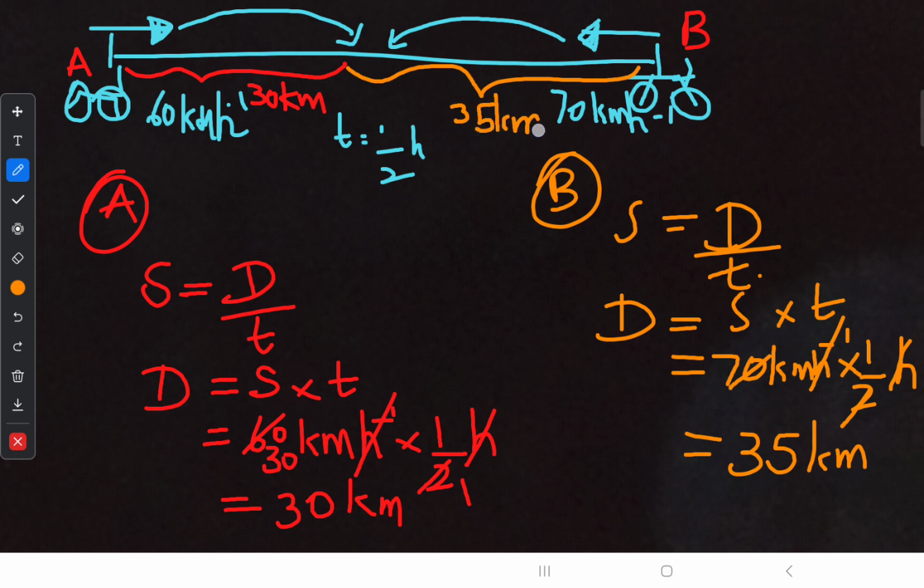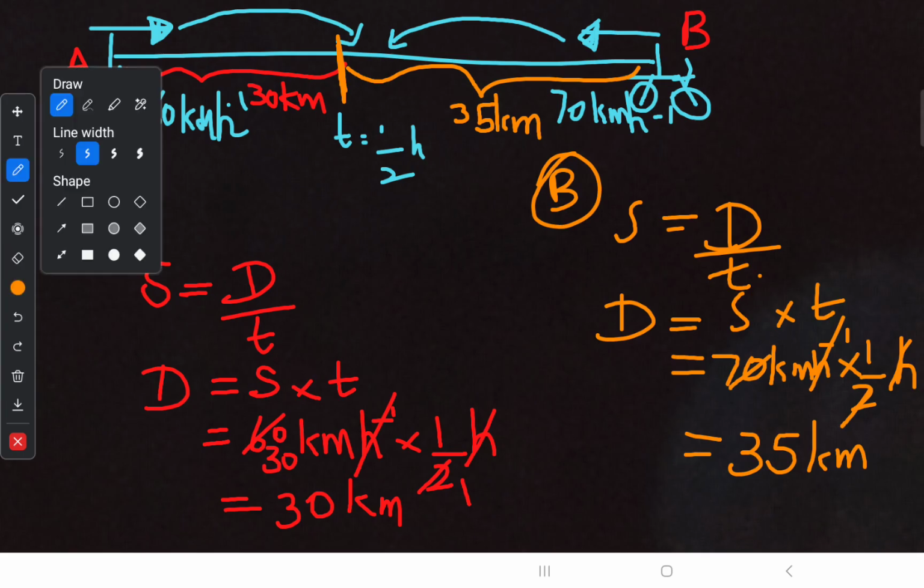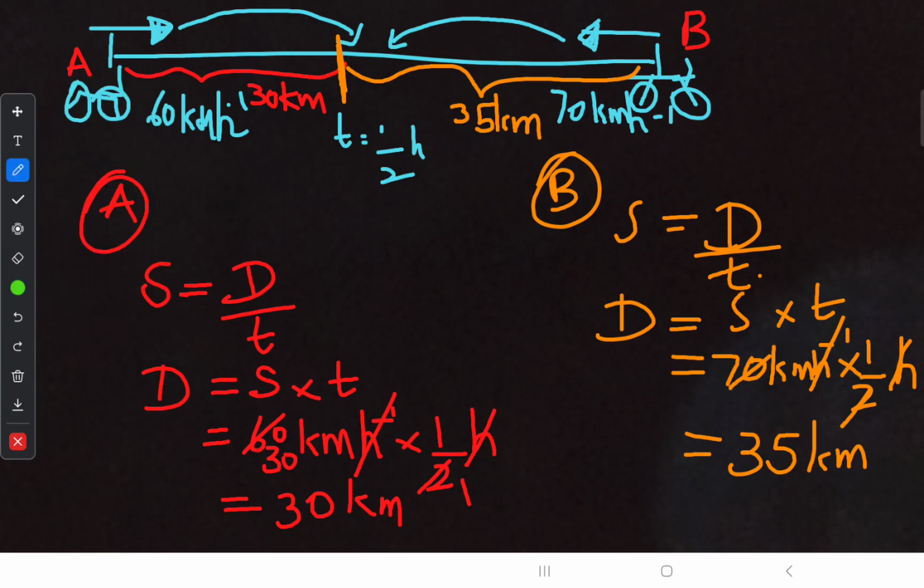Their speeds are different. That's why A traveled 30 kilometers and B traveled 35 kilometers. They met each other at this particular point. Now we have to find the distance between these two cities.